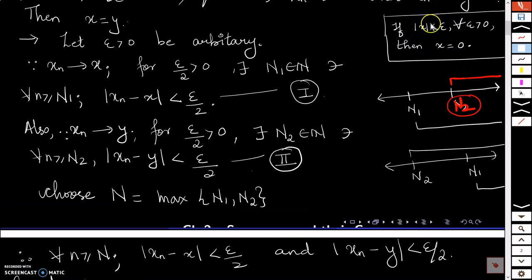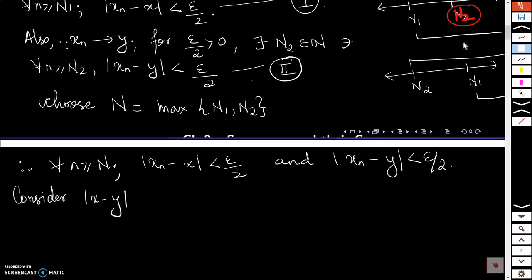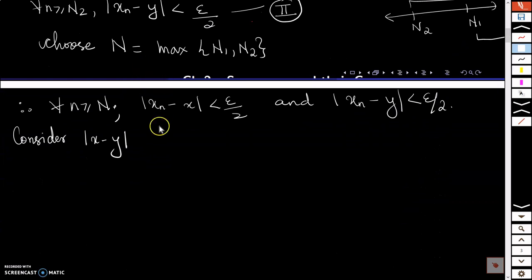If modulus of some number is less than epsilon, then that number itself is 0. So if I show that modulus of x minus y is less than epsilon for every positive epsilon, then the number inside the modulus will be 0. So x minus y will be 0 and hence x will be equal to y. Alright, so that is the idea.